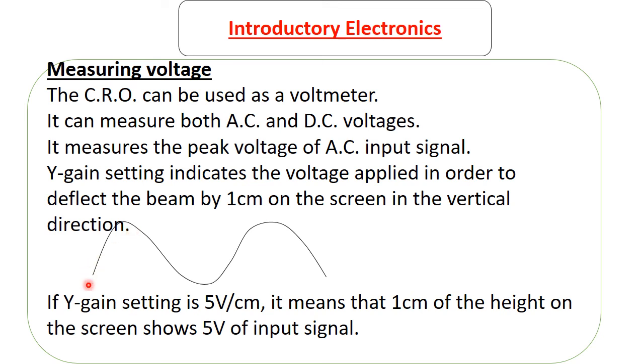Just to add more light, if the Y gain setting is 5 volts per centimeter, what it means is that 1 centimeter of height on the screen means 5 volts of the input signal.